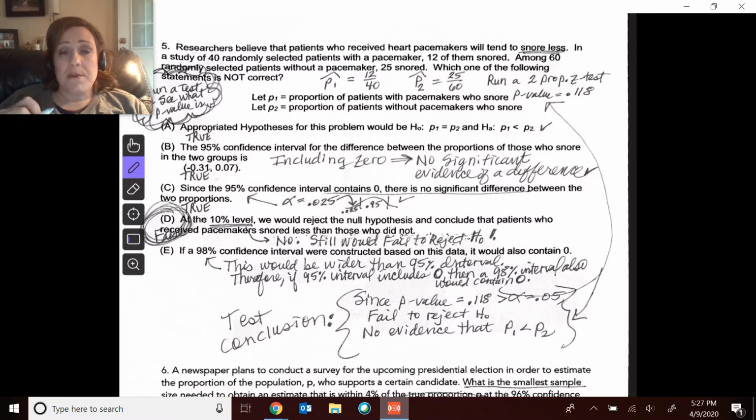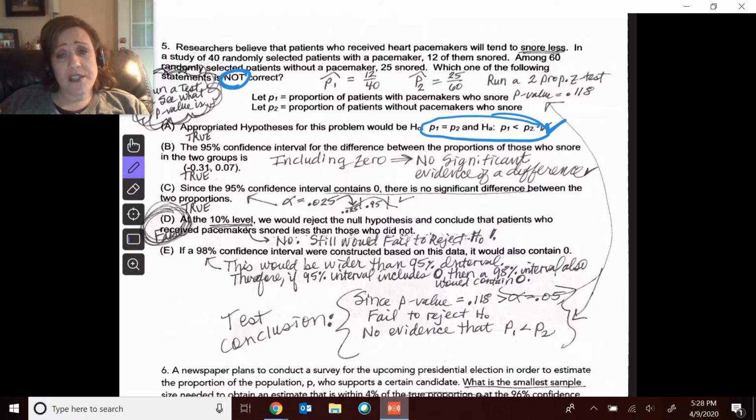Based on thinking that the ones with the pacemaker snore less, I'm just thinking through my whole test process. I do agree with this, that they're thinking that H0 is those two have the same snore rate. Alternatively, the pacemaker group has a lower snoring rate. But we are wanting to know which one is not a correct statement. So this one is a correct statement. So that's out.